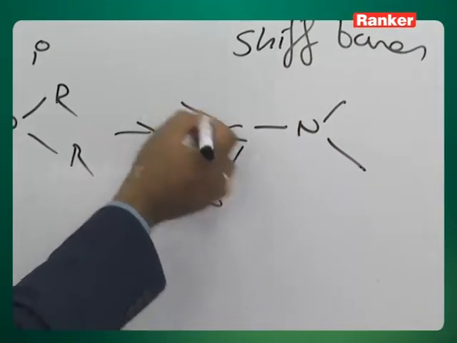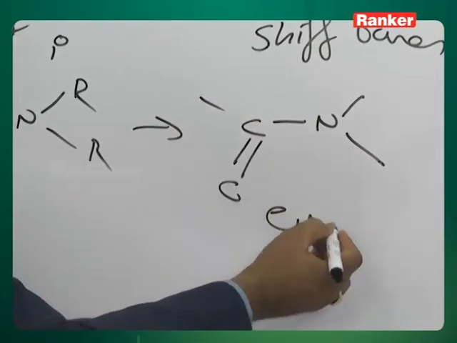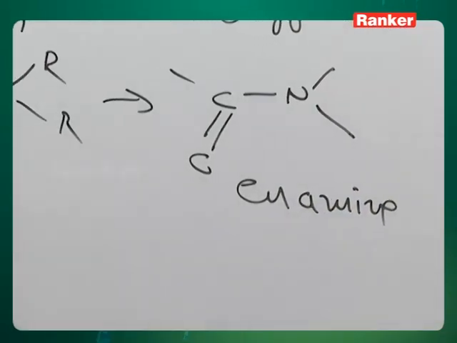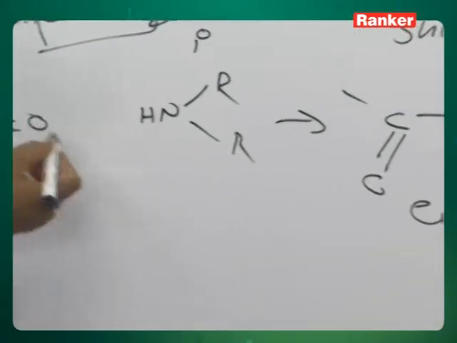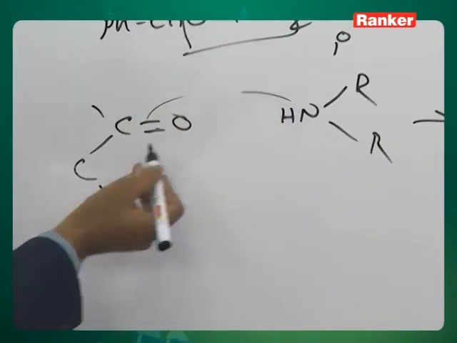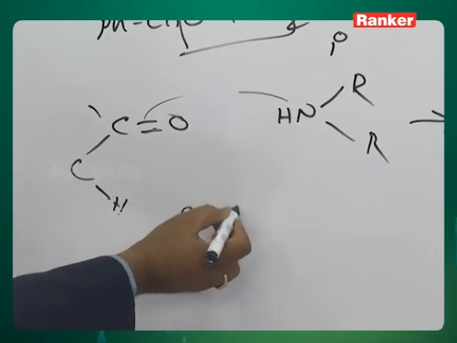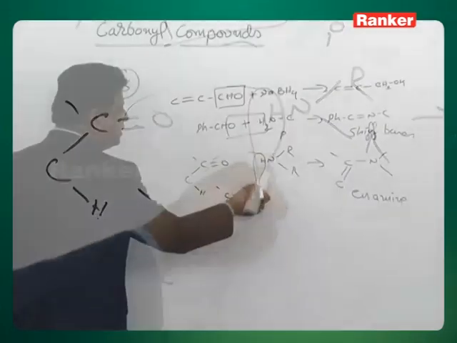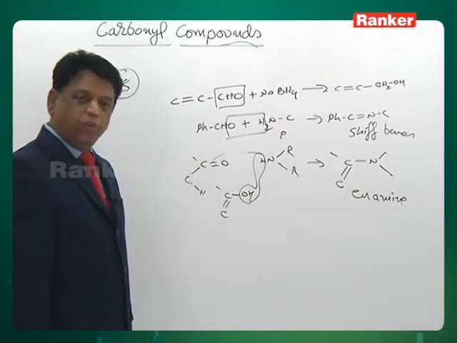This type of compound is formed. This is called enamine. 2 degree amines with the carbonyl compound, tautomerizes, enol comes, and because there is only 1 hydrogen, it cannot eliminate. So it will become a hydroxy group. Enolizes and develops a hydroxy, and this hydroxy and H will be going out as water.